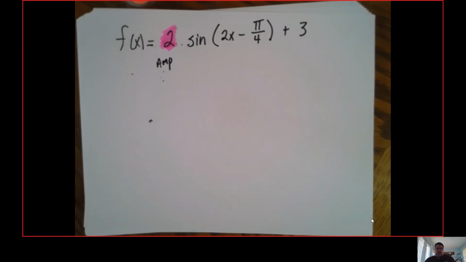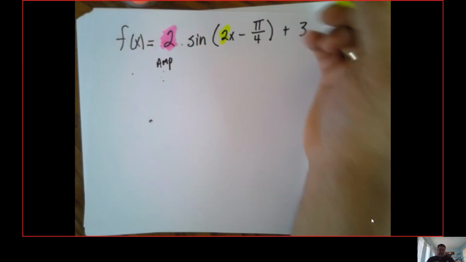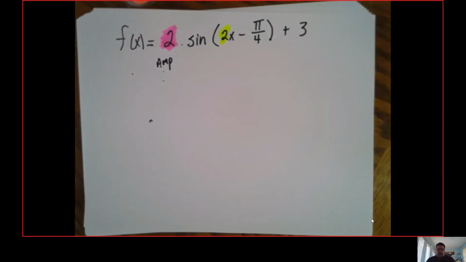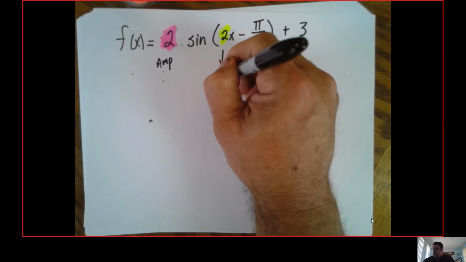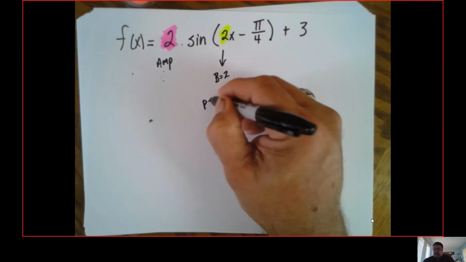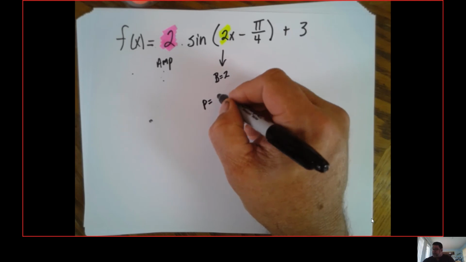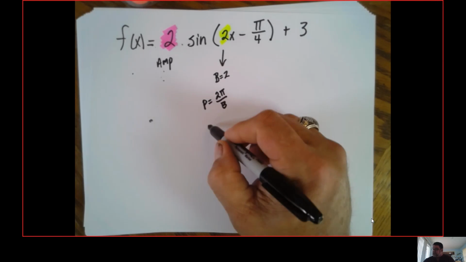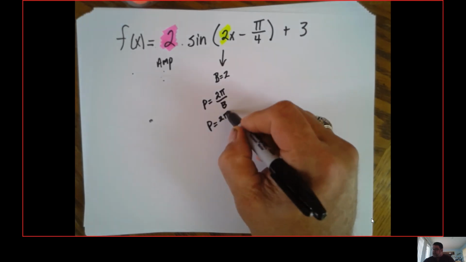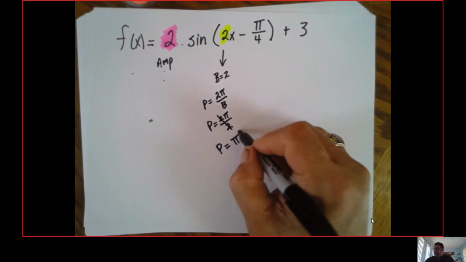This right here is B. And B is included in your period. B is equal to 2. And your period is equal to 2 pi over B, which in this case is 2 pi over 2, which in this case the period is pi.